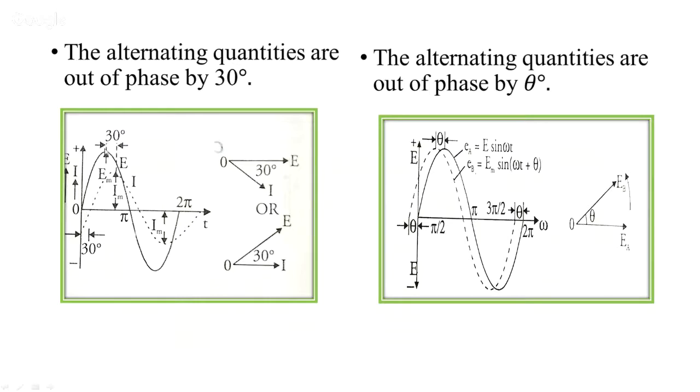And here the voltage has reached the peak value, whereas the current is yet to reach the peak value. That means there is a phase angle difference of around 30 degrees here. So in the figure you can see the vectors. This is the voltage vector, this is the current vector, and the angle difference is around 30 degrees.